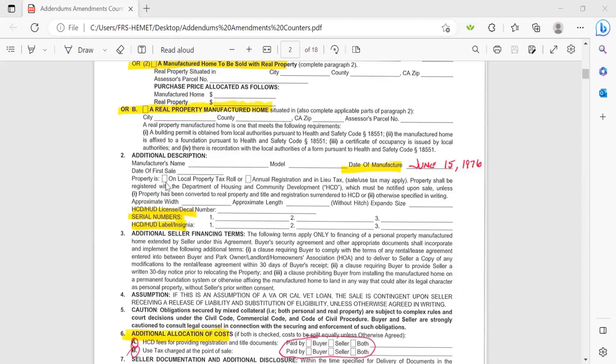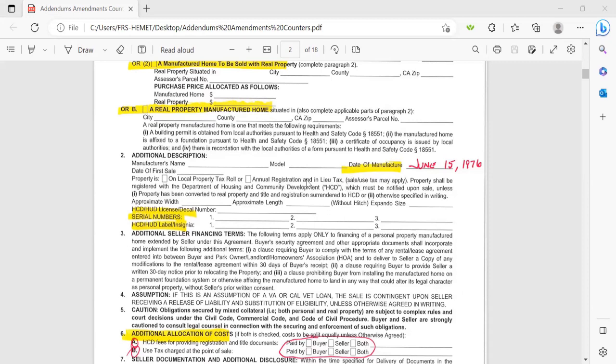All right, the property is on property tax rolls. That means that the property has been attached. You pay your taxes just like you do property taxes, or you have in lieu. ILT is what you're going to read when you look at a title. LPT is what you'll see if it's on local property tax rolls, or ILT if it's in lieu of. And sales and use tax may apply at that.